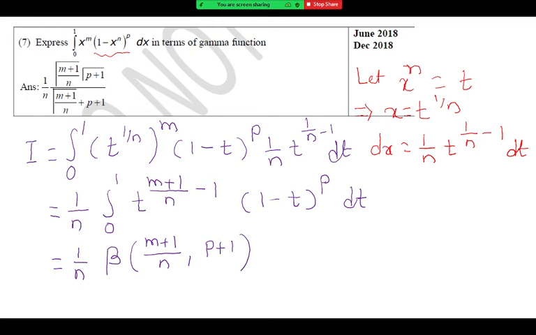So we got the value of the integral in a beta, but the question is to express this in gamma. So we'll use the relation between beta and gamma, and we'll write this beta function as gamma m into gamma n upon gamma m plus n.